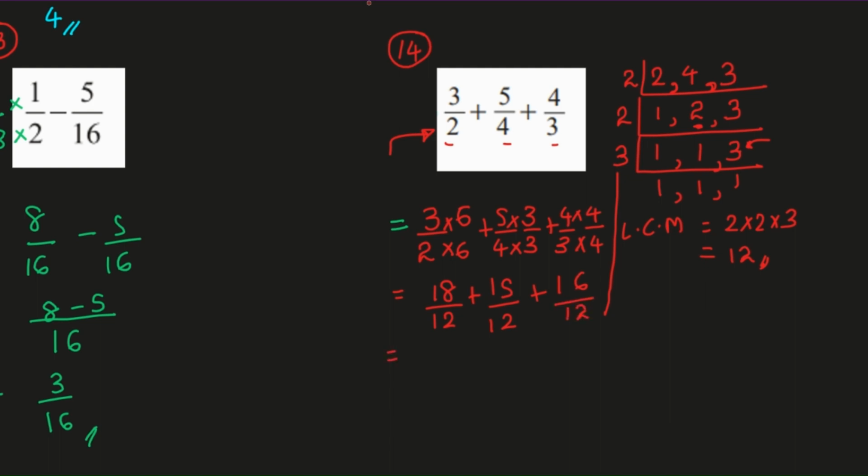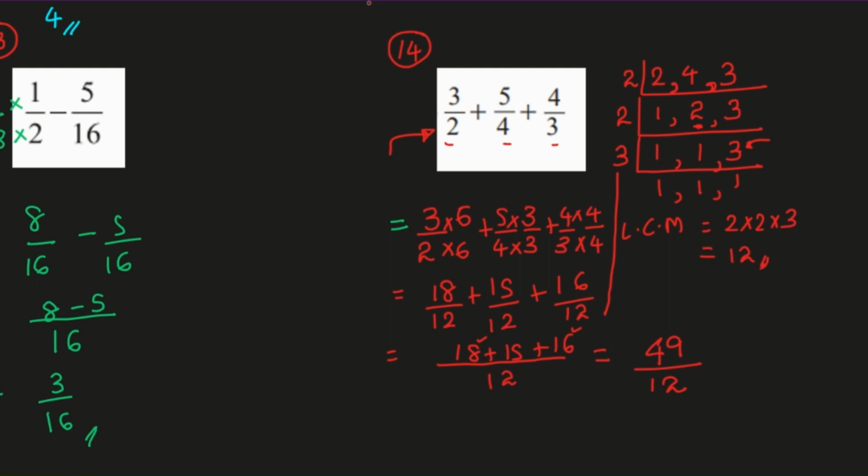Great. Now you can see the denominators are equal, which is 12. Then you can simply add the numerators: 18 plus 15 plus 16. So what will be the answer? 49 upon 12.